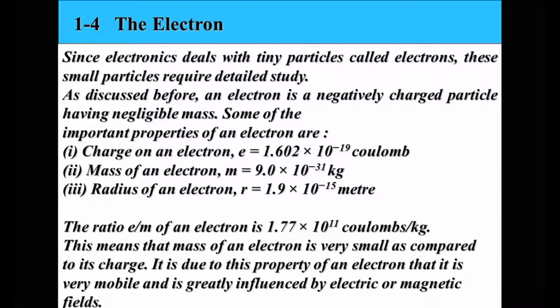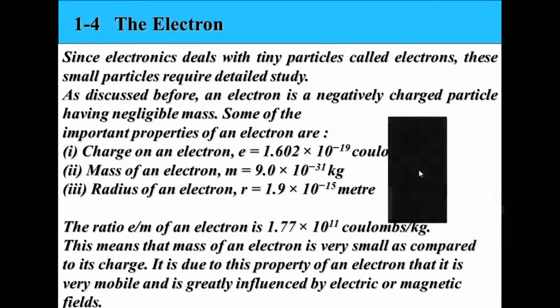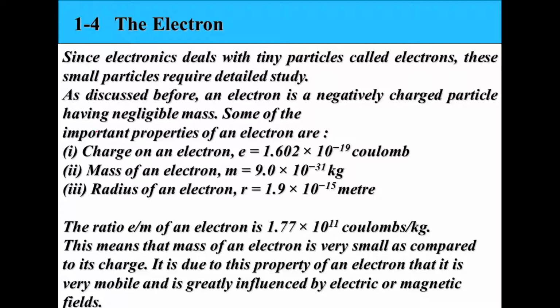Now we need to look at some of its important properties. One of them is the value of charge of an electron, which is 1.6 times 10 to the minus 19 coulombs.